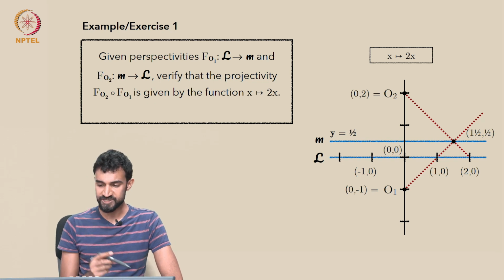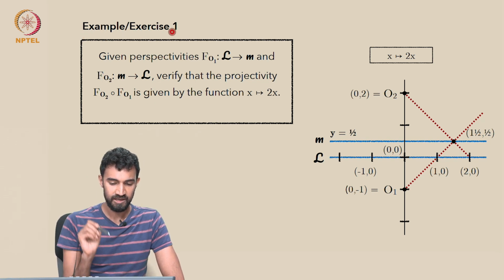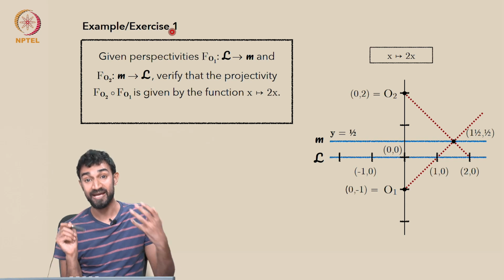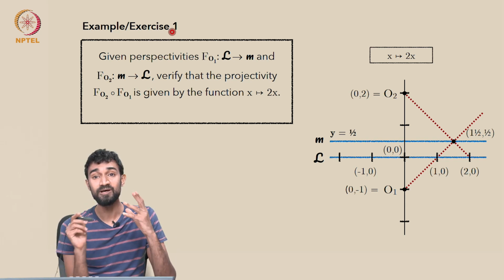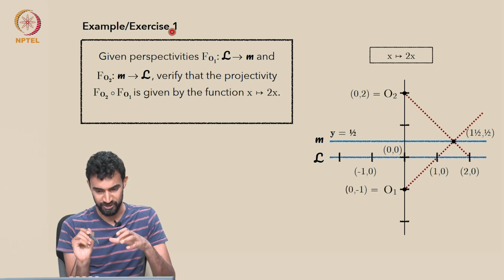So the first example that I want to look at is an example and exercise, because I'm not going to fully verify it. I'm leaving it to you to verify that what I'm saying here is true.